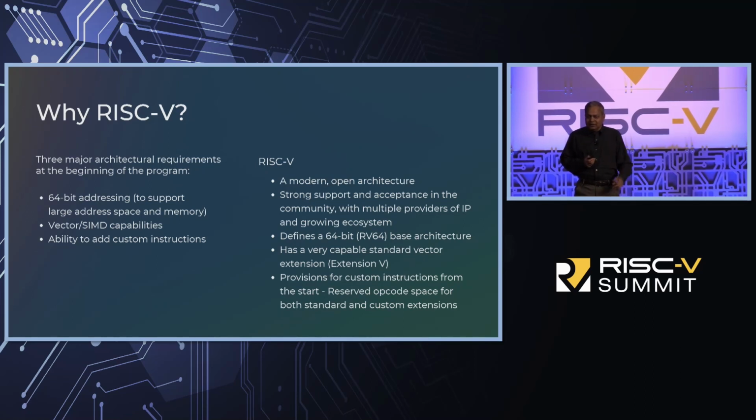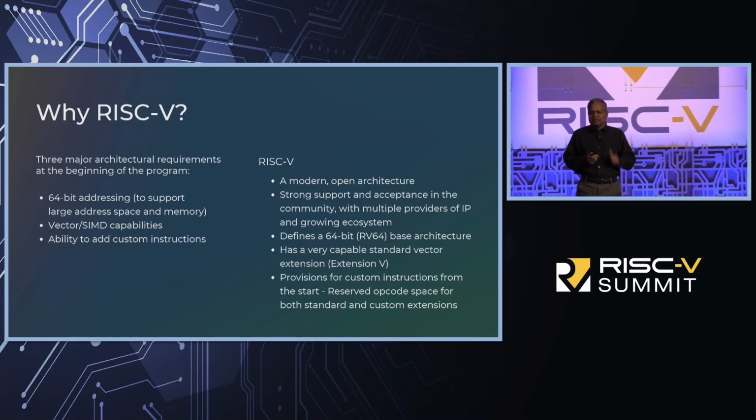It has a very capable standard vector extension today. And there is also provision for adding custom instructions from the start because of the reserved opcode space that has been accommodated from day one in the architecture.